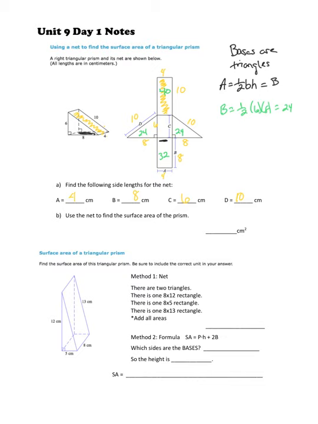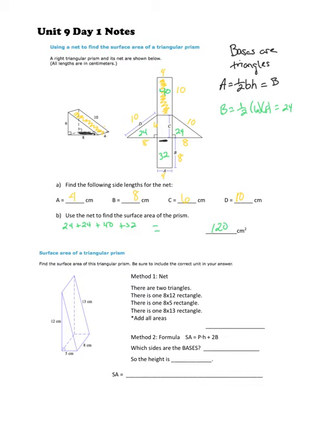We're going to add them together: 24 plus 24 plus 40 plus 32 equals 120 centimeters squared, or square centimeters. Remember, it's an area. Surface area is area, so you write it as squared.